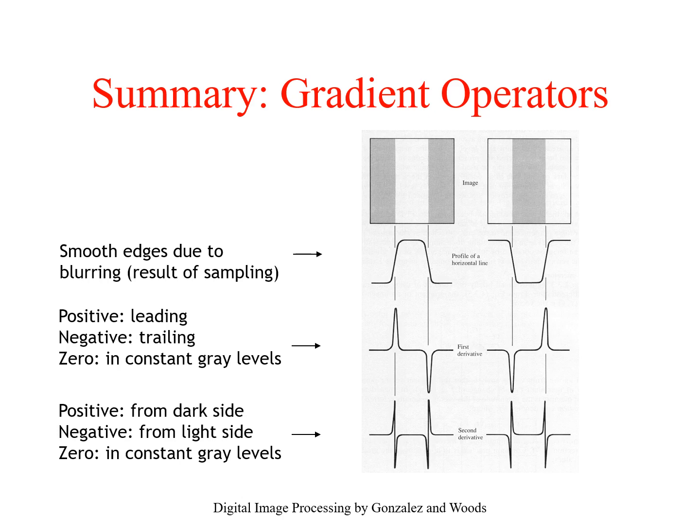Here it's a first order derivative filter. You will get a positive pulse for leading edge and negative for trailing edge, and 0 in constant gray levels here. Here again it is opposite because there is a transition from white to gray. First you will get a negative pulse, and then a positive pulse.